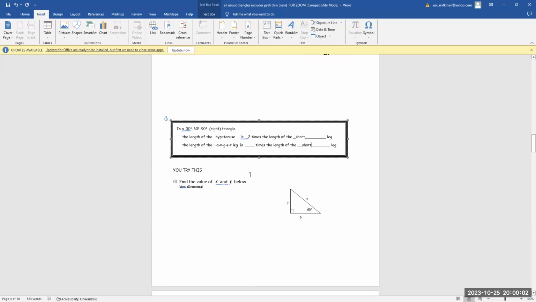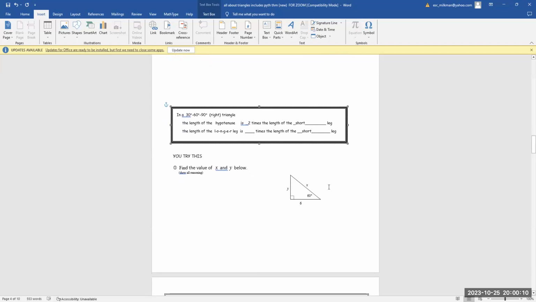So now I want you to try this. I'm going to pause the video and I want you to see if you can, in this particular case, look at the triangle that is given to you. This length is 6. This is a 60-degree angle, which means this is a 30-degree angle.